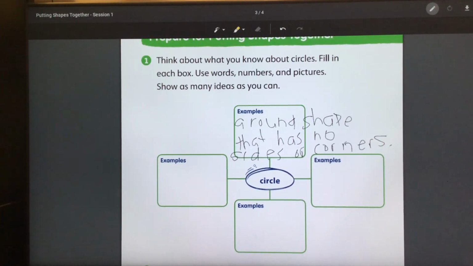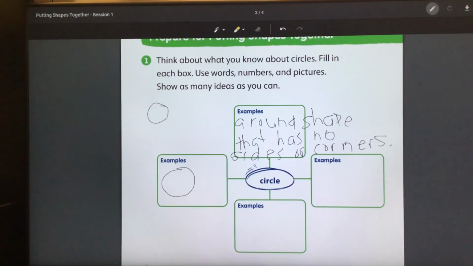For an example, I'm going to draw a picture of a circle. For another example, I'm going to say that a cone has one circle face. I'm going to draw a cone just to show what I mean.